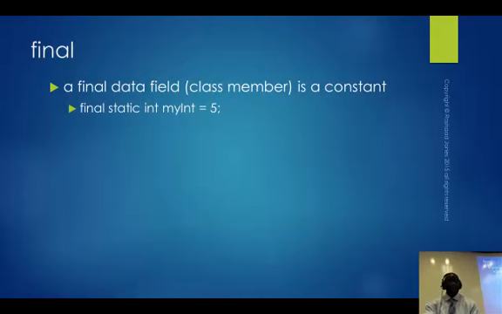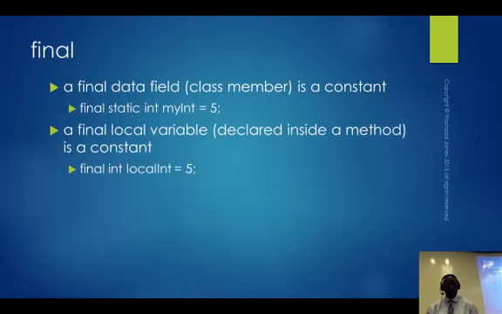Well, the answer is no. If I put this in my Java file now, this would work. Java would have a problem if I later on try to change it. It would tell me that that's not permissible. But in most cases when you're looking at Java files and you see something in all caps, that typically means this guy cannot be changed. We can also use final as a local variable.